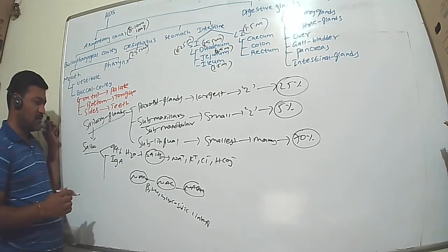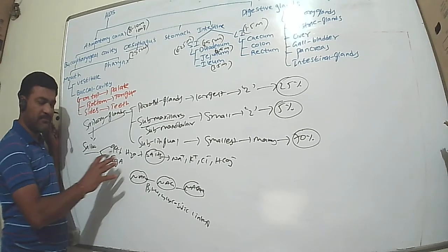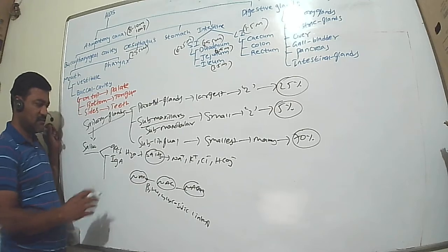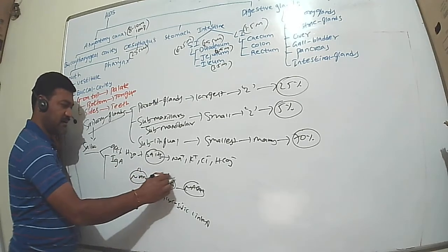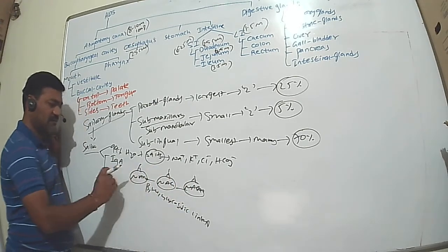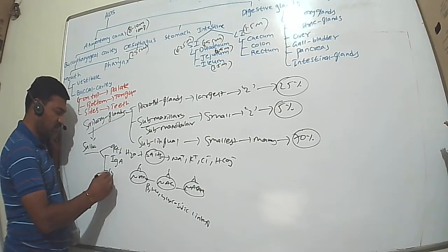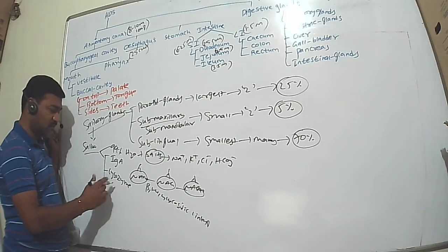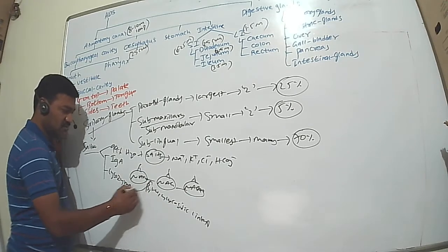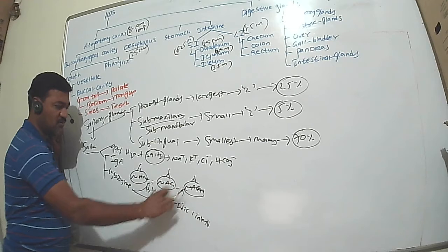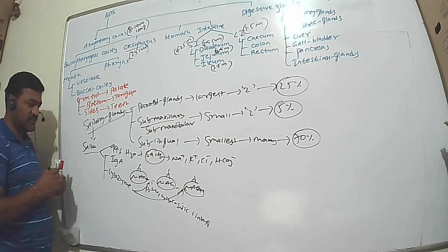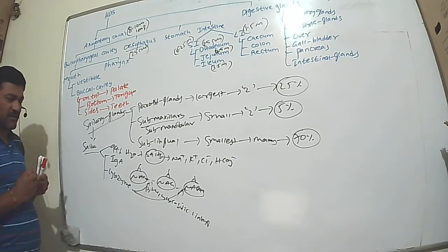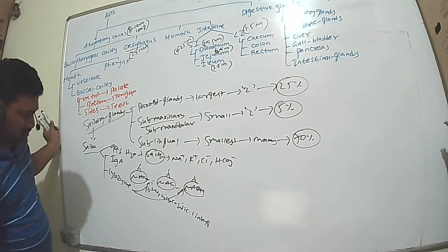These IgA antibodies can go and attack bacteria, attack this NAM and NAG, and disrupt it. And also you have one more enzyme called Lysozyme. It's an antibacterial enzyme. It will break the beta-1,4 glycosidic linkage between these monomers of peptidoglycan. Hence the cell wall is disrupted, or the bacteria will burst.